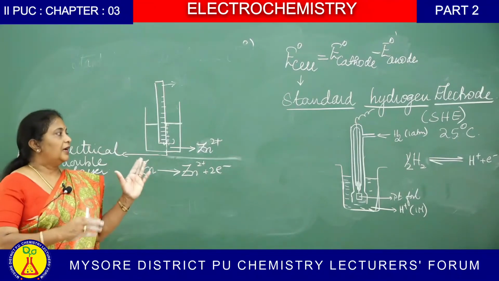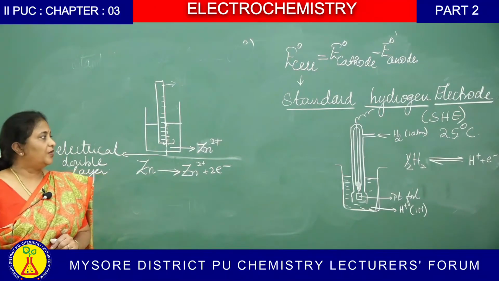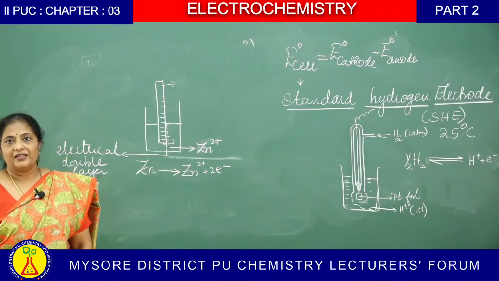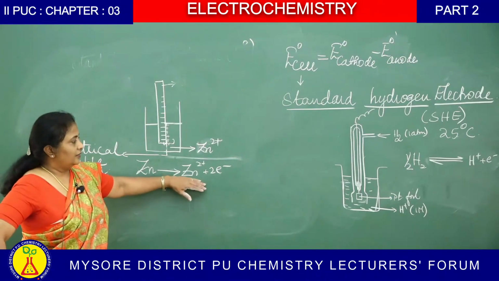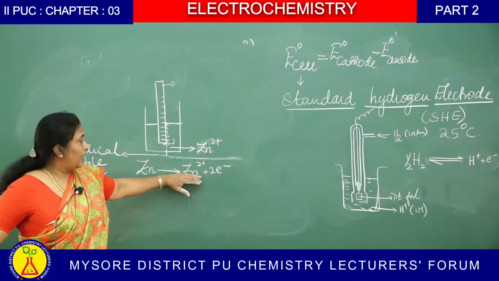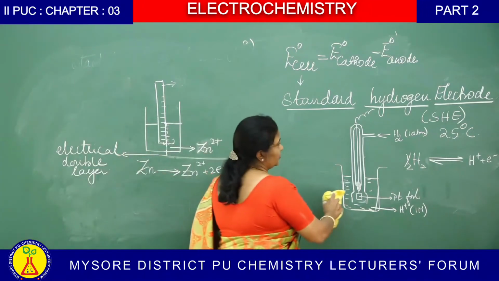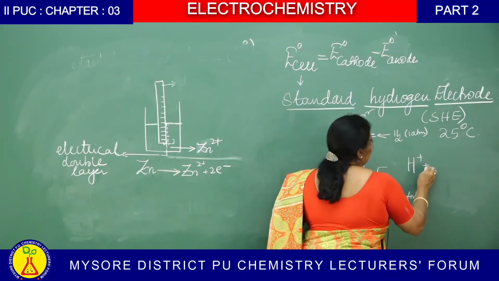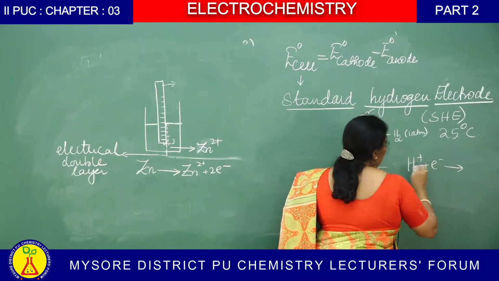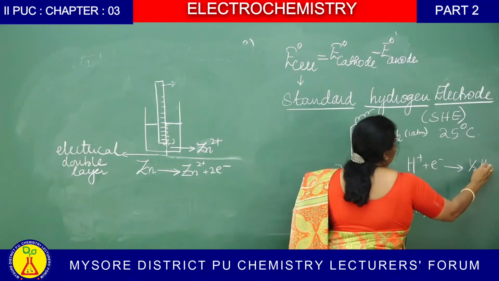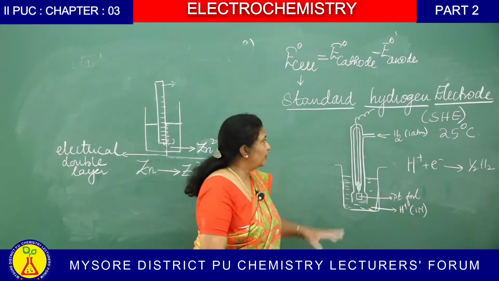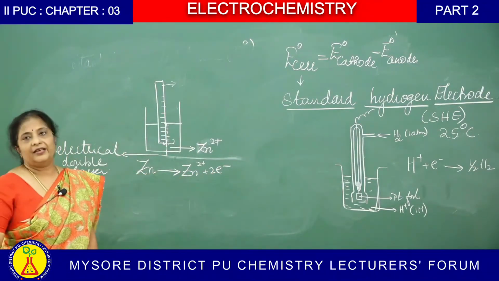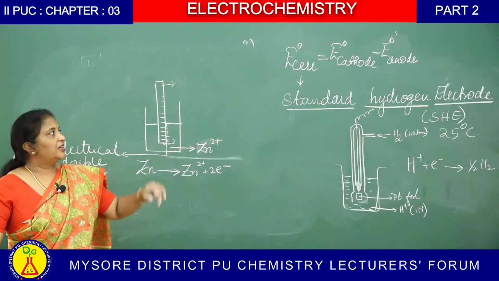So, this is the zinc electrode, I couple it with the standard hydrogen electrode, then oxidation occurs at the zinc electrode, and because this is the cathode, H+ plus e minus giving half H2 occurs. Reduction is going to occur. Therefore, the standard hydrogen electrode is going to act like the cathode.